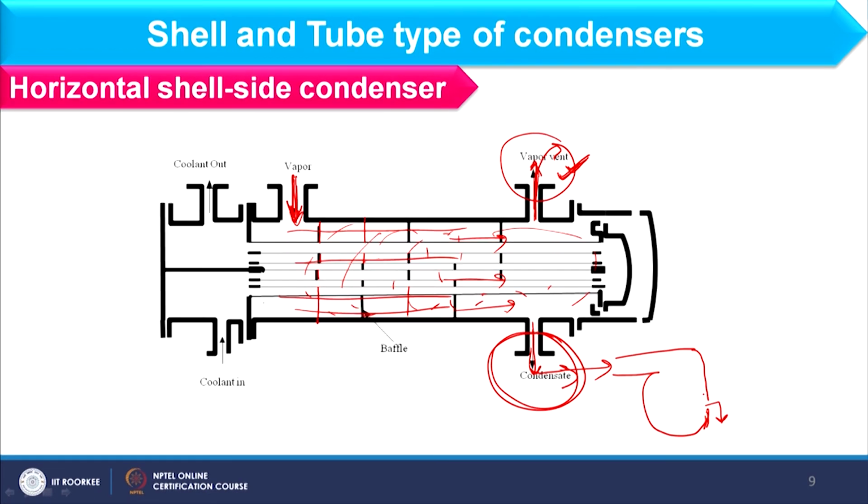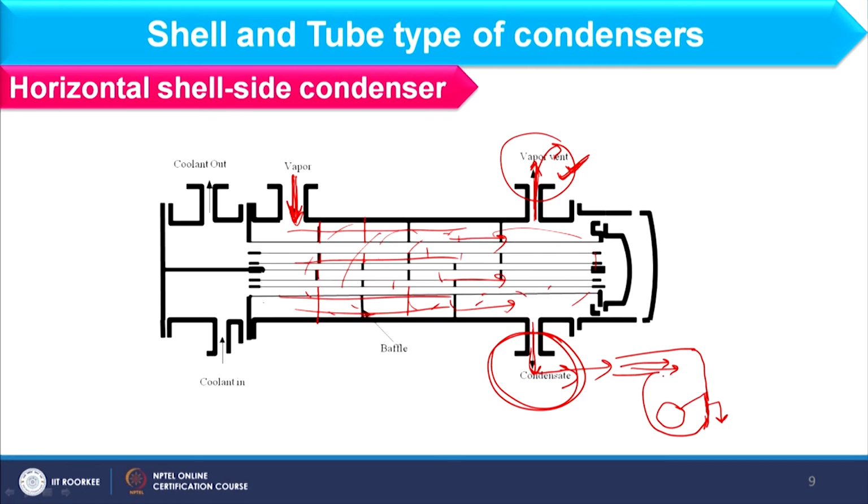Now, what will happen? Usually this is closed with a valve, and that valve is connected with a balloon. This type of balloon is there, and when a vapor and liquid mixture enters into this, we have vapor as well as condensate. So, what will happen?